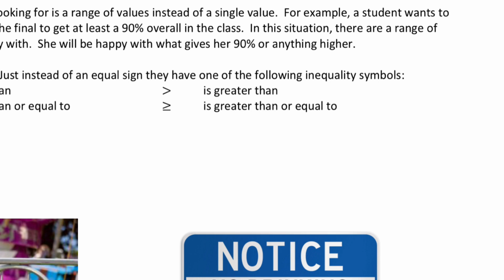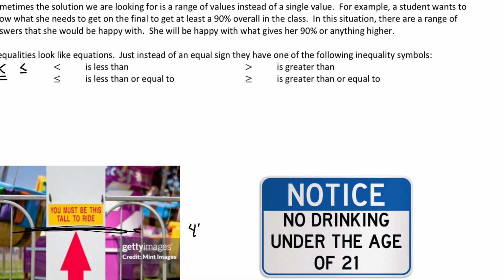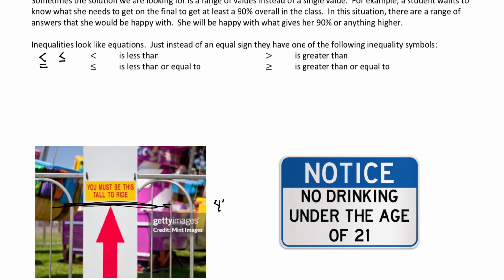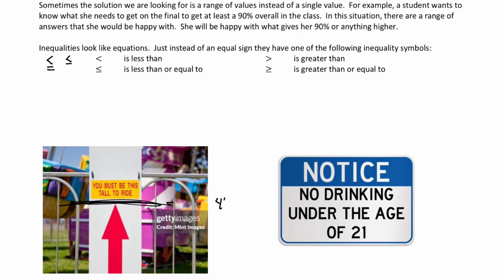Now how do you tell which one's less than and which one's greater than? Back when we learned these originally, the alligator eats the big number, right? That's true, it still does. However, if I said x is less than 3 and I didn't tell you which one was bigger, you would need to know that you use this symbol and you would write x is less than 3.